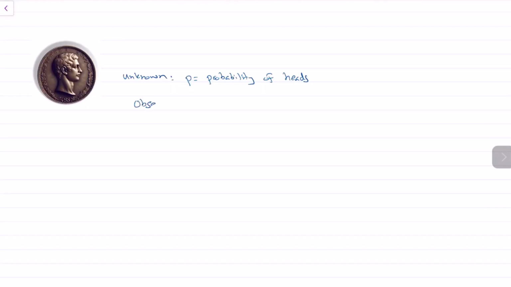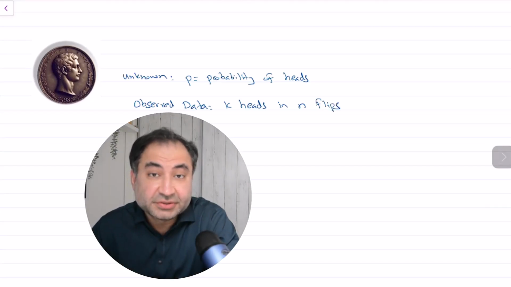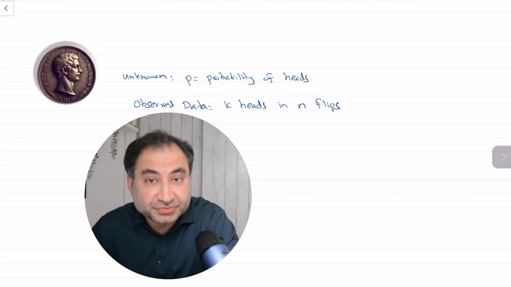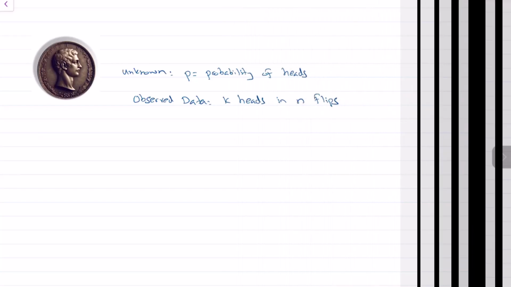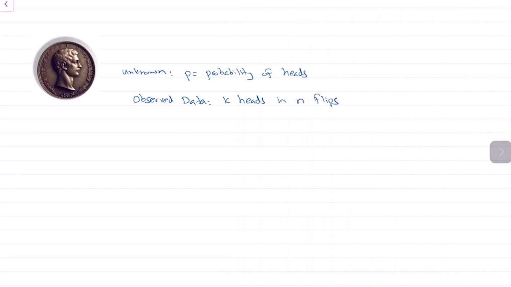So for the observed data, let's assume we get k heads in n flips. So likelihood is the probability of observing these k heads for a given value of p. The likelihood function we can write as L(p), which is equal to the probability of the data for a given value of p. So that's what likelihood is.